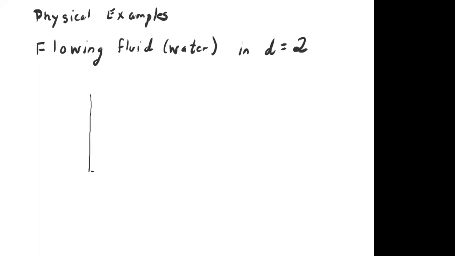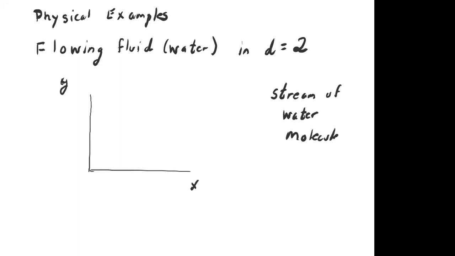So what am I talking about? So here's 2 dimensions. And this is a picture. And along the surface is water that's flowing. So water consists of molecules, mostly water molecules. So in my surface, I have a stream of water molecules, H2O, and they're flowing in some pattern. So I have to tell you what pattern they flow.